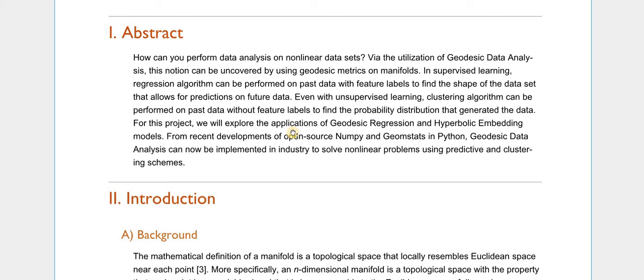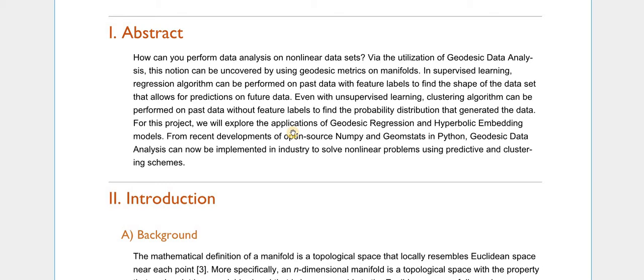Another way that we can apply geodesic data analysis is in unsupervised learning, where we do a clustering algorithm that can perform on past data without future labels. In this case, we need to find the underlying embedding, or the probability distribution, of the generated future data. So for this project, we'll only focus on geodesic regression and hyperbolic embedding models.